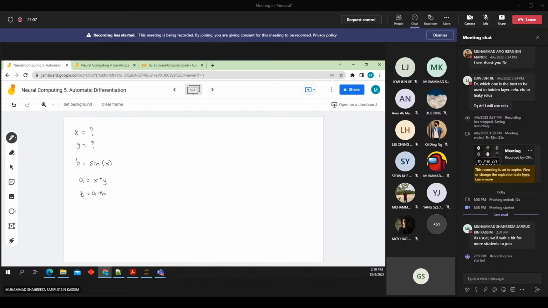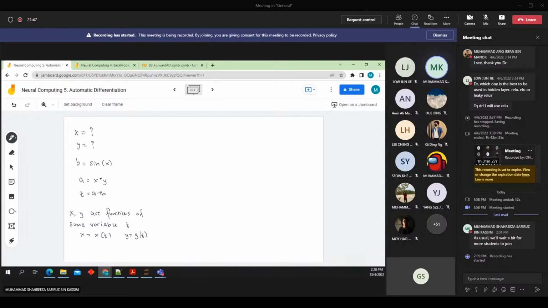So x, y are functions of some variable t. This is our assumption. So x is equal to x of t, and y is equal to y of t. We don't know what x is. We're assuming that x is some function of some variable t.